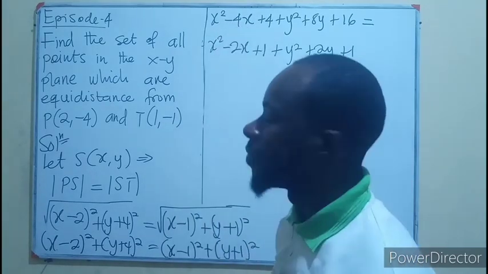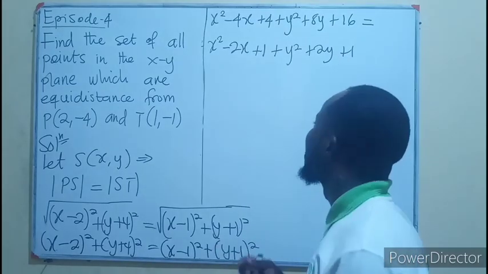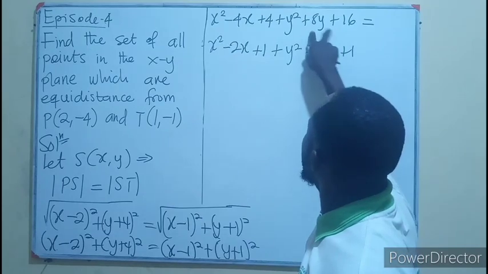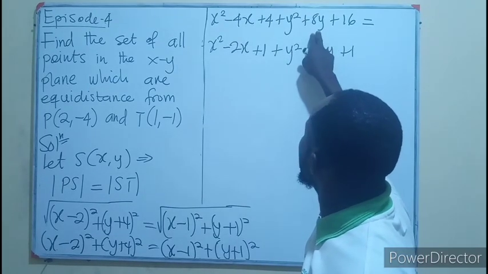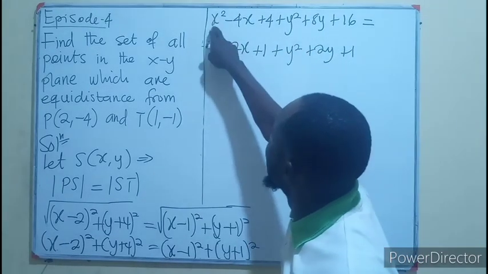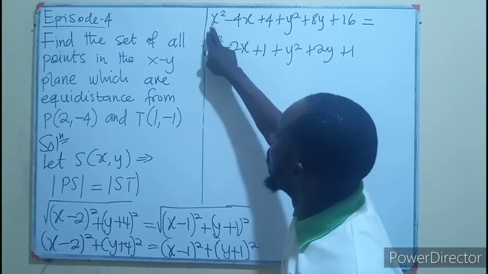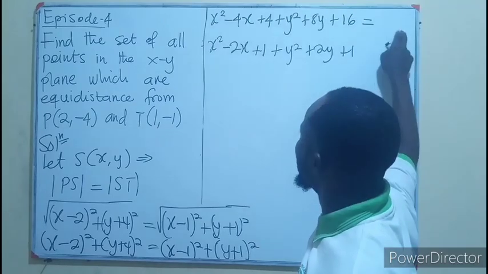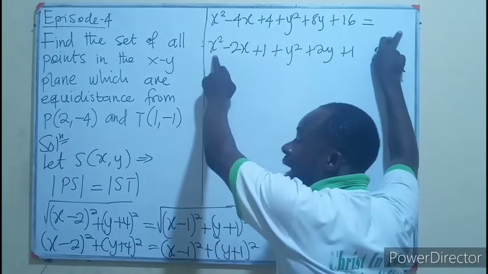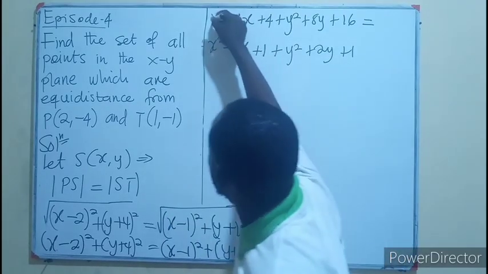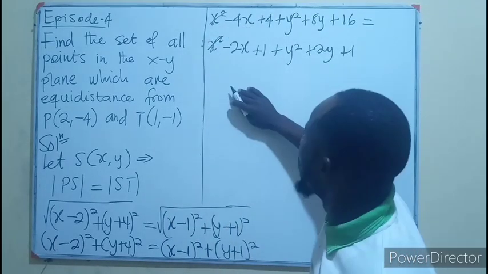So let's simplify both sides, knowing very well that we have x squared, x and y, then y squared and x squared. If we group like terms, when this x squared comes to the right, it becomes negative, so it becomes x squared minus x squared. So the x squared will cancel the x squared.